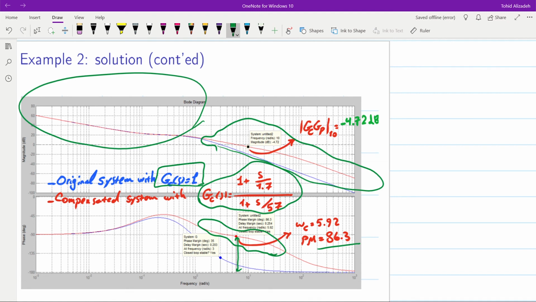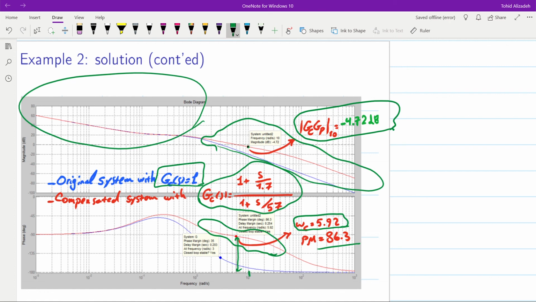But now the crossover frequency that we have with this controller is not exactly 10 radian per second, it's 5.92. And in order to make it 10, we just have a look at the frequency of omega equal to 10. The amplitude for GC GP, or for L, is equal to minus 4.72 decibels.